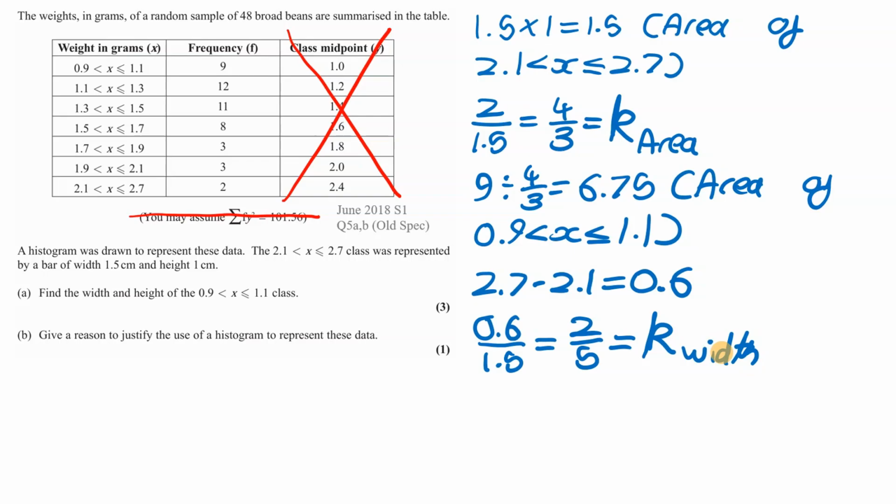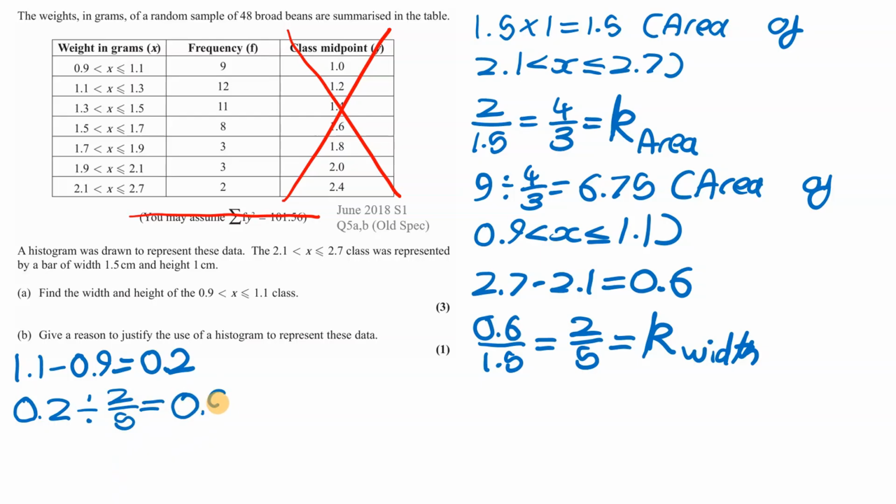What we can do here is figure out the width of the 0.9 to 1.1 histogram bar. 1.1 minus 0.9 is equal to 0.2, so this is the width of this interval. If we do 0.2 divided by the scaling factor 2 over 5, this is equal to, if you put it into your calculator, 0.5.